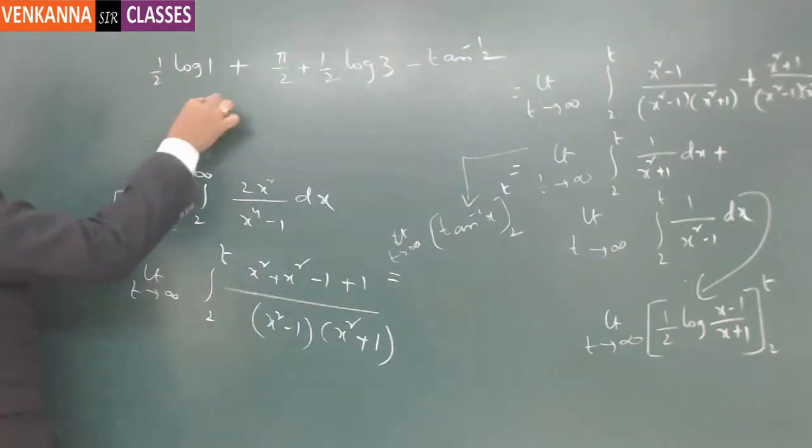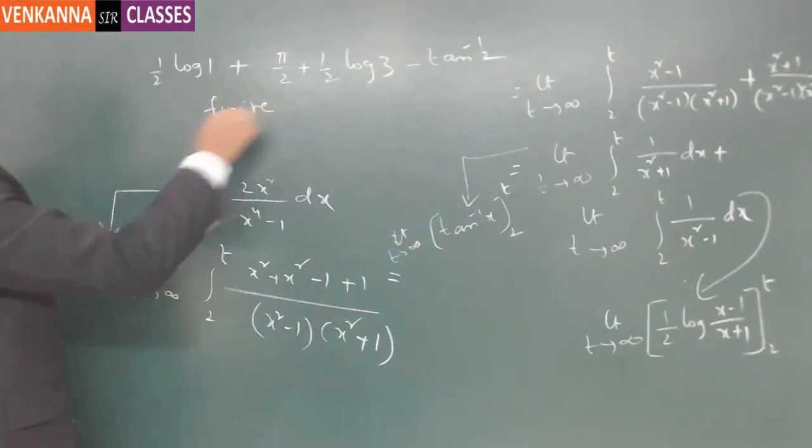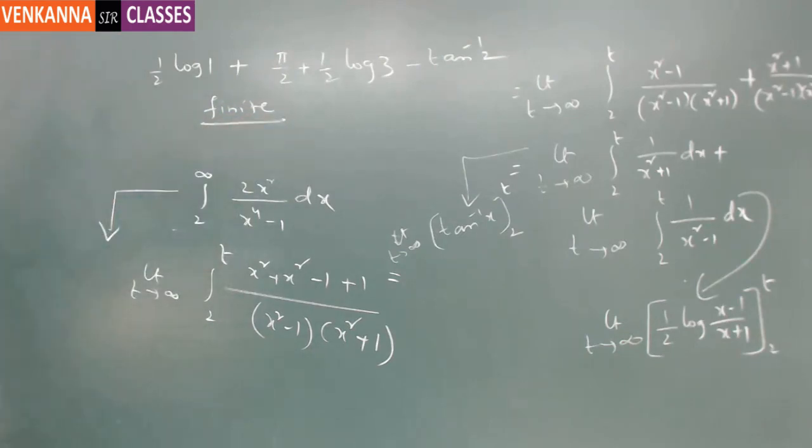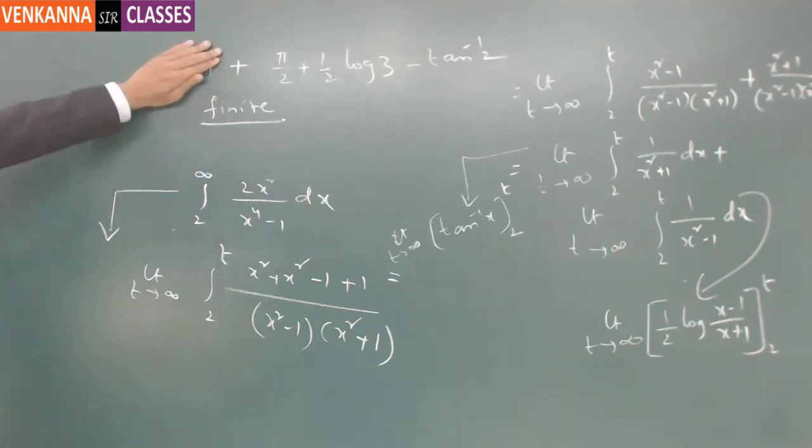Since it is a finite value, the given integral is convergent. Its value is nothing but the value you have obtained. And 1 by 2 log 1, since log 1 is 0, is nothing but 0. So pi by 2 plus 1 by 2 log 3 minus tan inverse 2 will be the answer here.